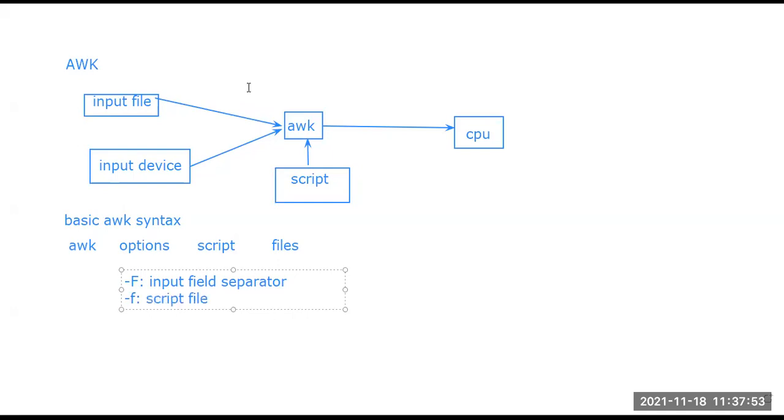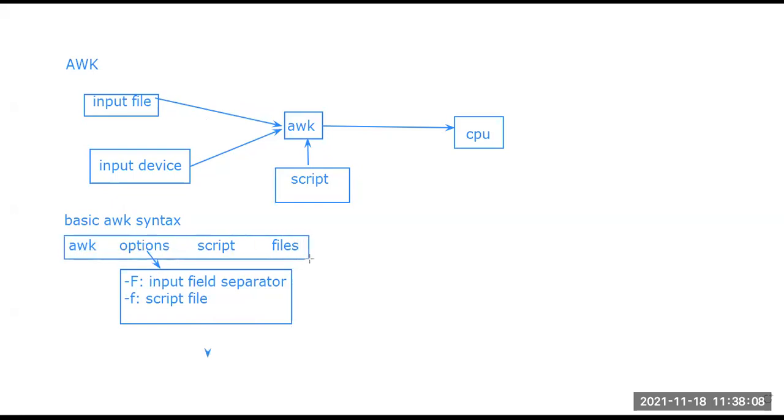So under the AWK command there are two options available: minus capital F and minus small f, in our basic AWK syntax.